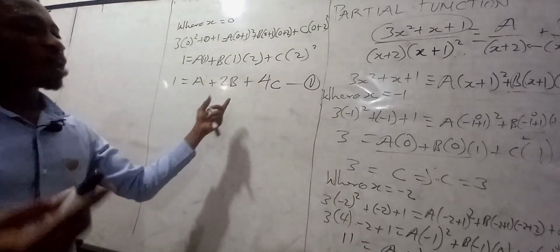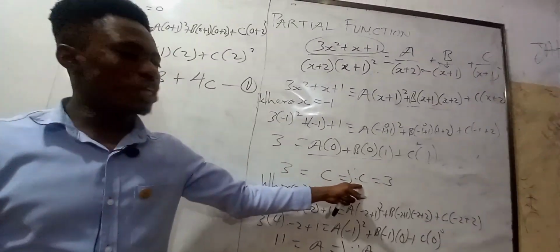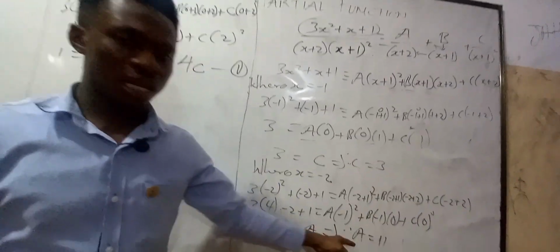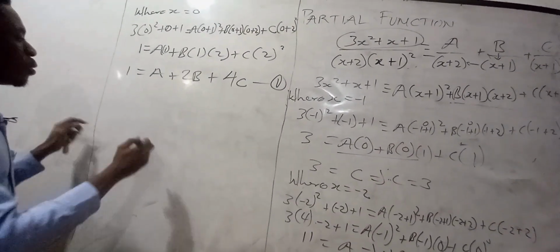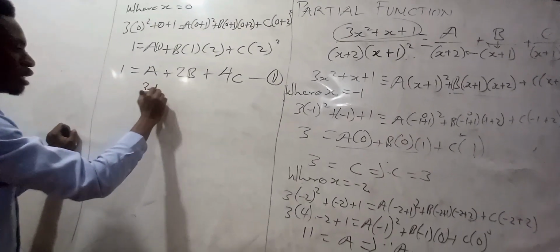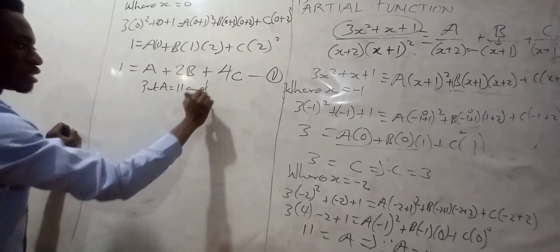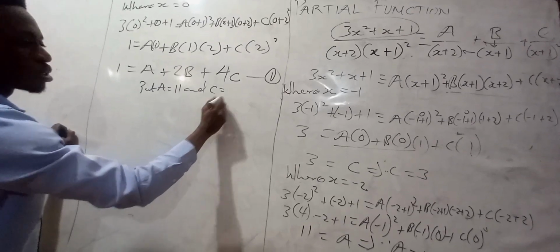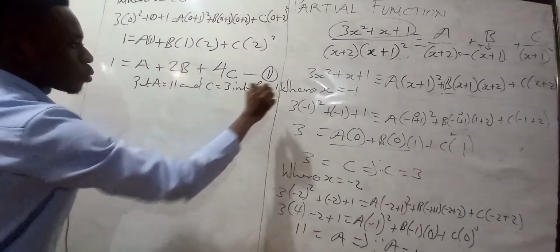So now that we have an equation and we already know the values for C and A, we just substitute them into the equation. So we will say put A, which is equal to what? 11, and C, which is equal to what? 3, into equation 1.